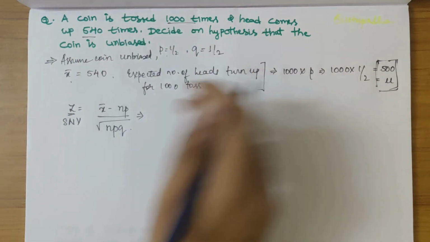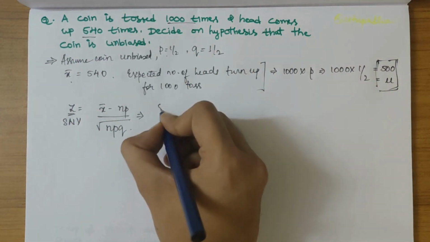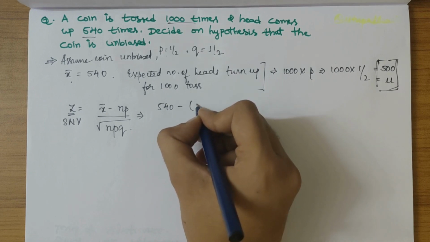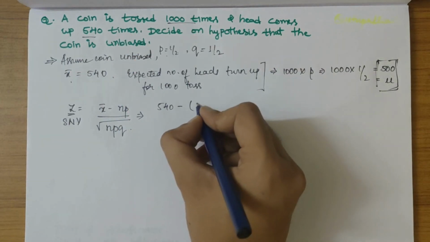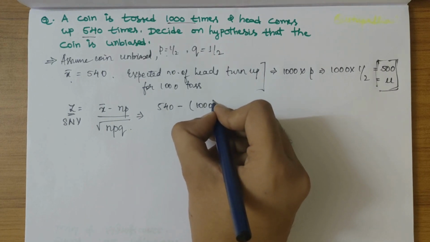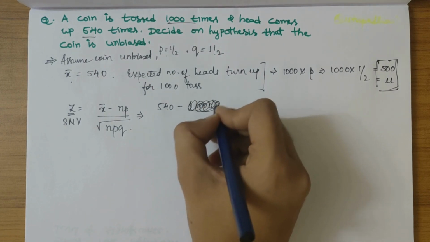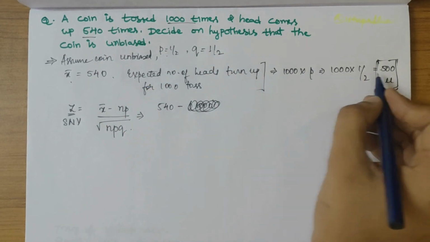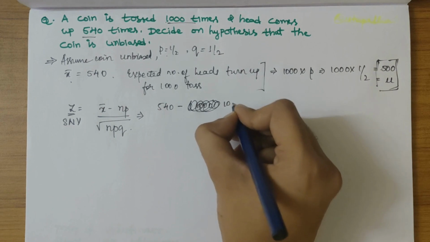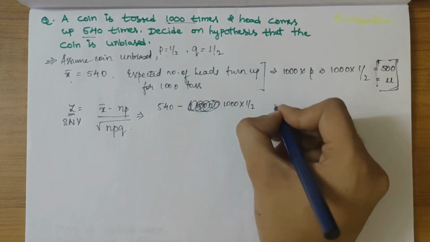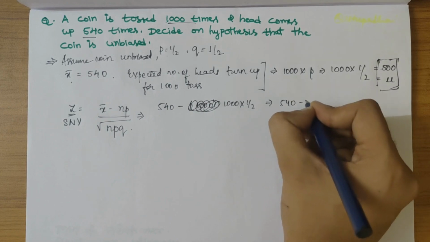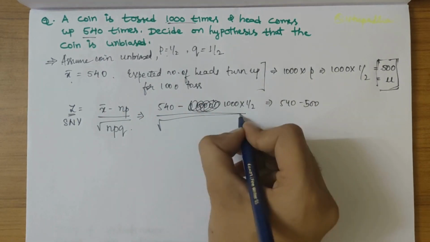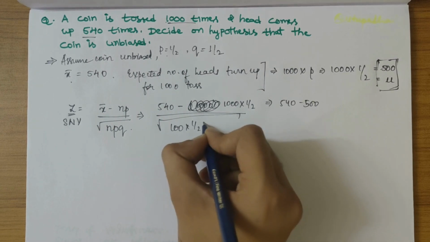Applying these values in this formula, the x bar value is 540 minus NP, where the P value is 1/2 and the n value is 1000. So 1000 into 1/2. That is 540 minus 500 by, at the bottom, 1000 into 1/2 into 1/2.